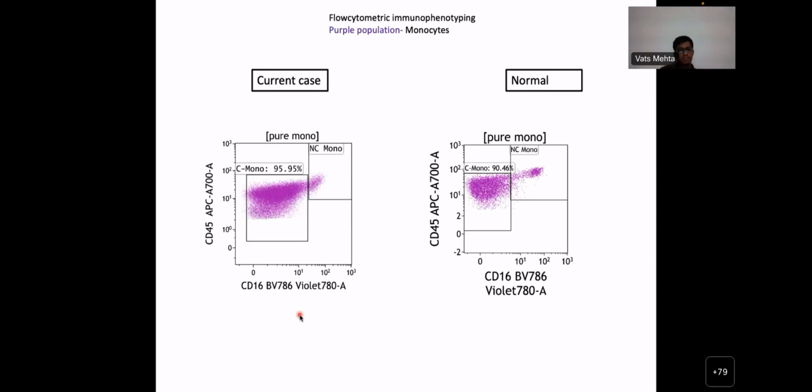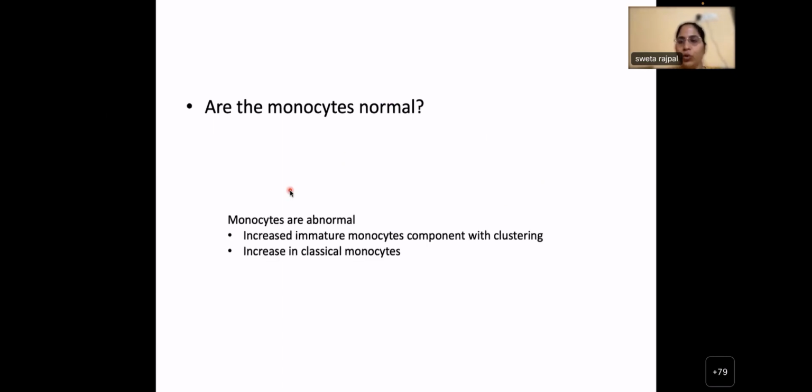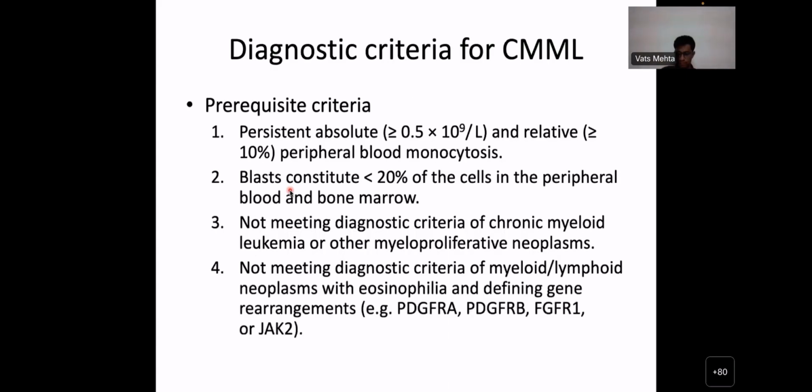Do we use any other marker to see classical versus non-classical monocytes? 64. Okay, that is a monocyte marker. For now, I'll explain that in our current case, we have classical monocytes in the bone marrow at 95.9%. I'll explain it further. So we have two things in monocytes: the immature fraction is increased with clustering, and there is an increase in classical monocytes, right?